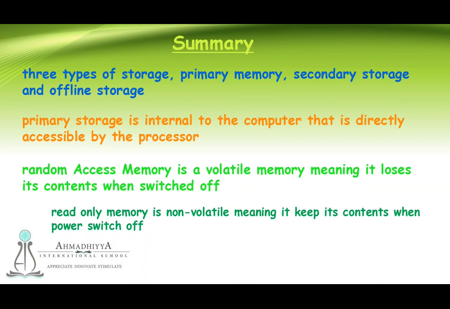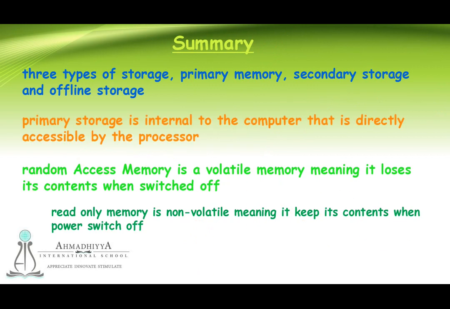Before concluding this video session, let me summarize this topic. Mainly, three types of storage devices are there. The first one is the primary storage, the second one is the secondary storage, and the third one is the offline storage. The primary storage is internal to the computer and is directly accessible by the processor.